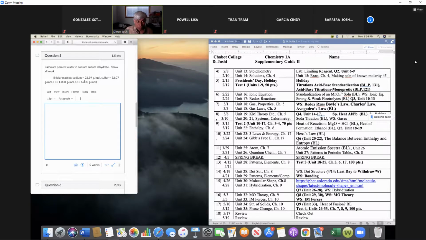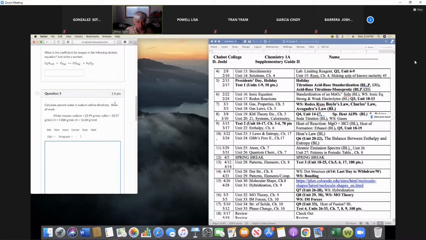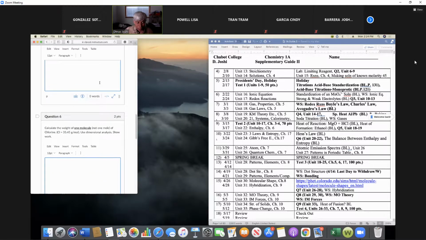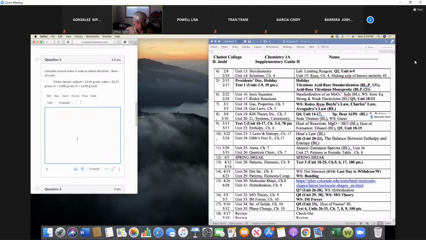Then you are going to calculate the molar masses, which should take a minute or something like that. Then you are going to say part divided by whole multiplied by 100. That takes another minute. So this is a question of 3 minutes or 4 minutes at the most. I don't see anything more than that, and I don't expect you to write anything more here. That's what you need to write.